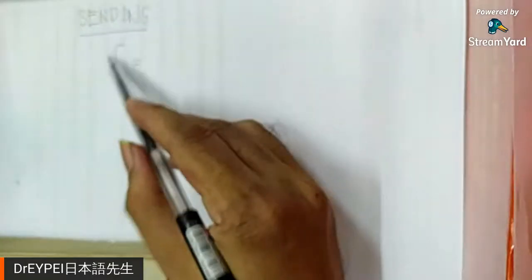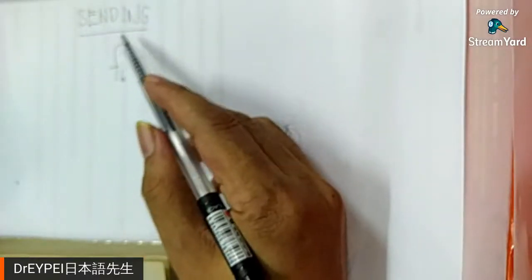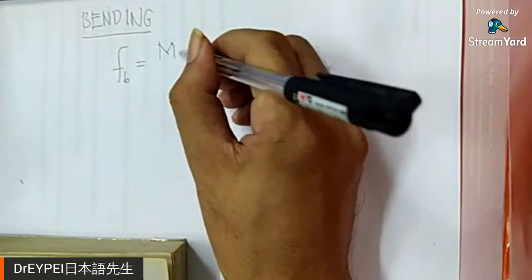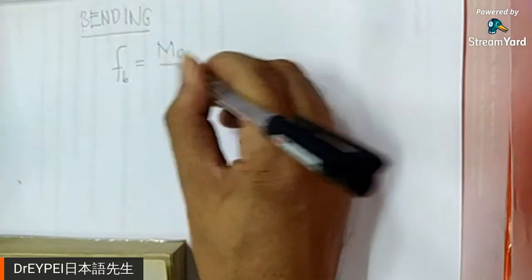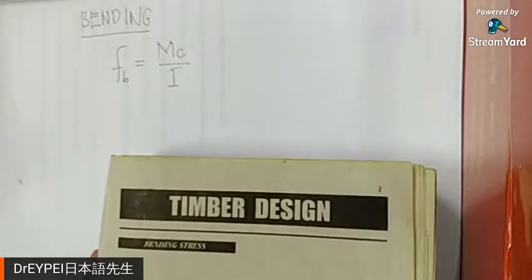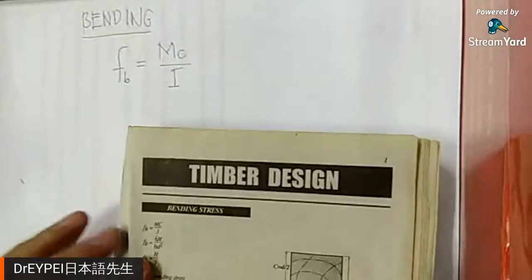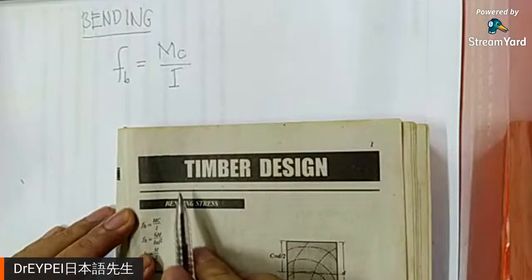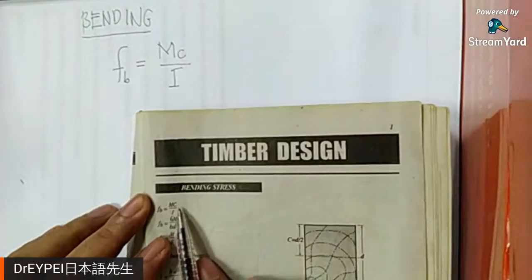So this is what? Bending stress. Bending stress is equal to M C over I. Okay. So there is a notable difference from the book compared to what I've written.